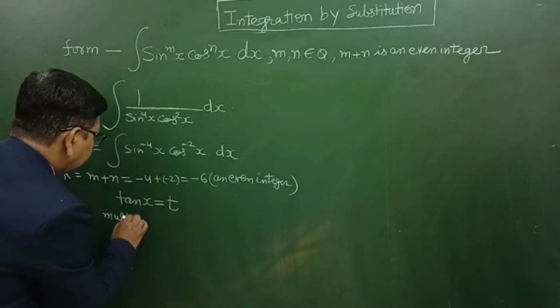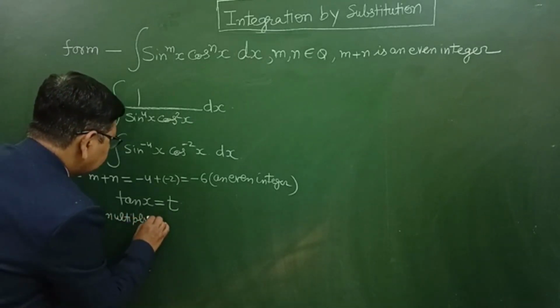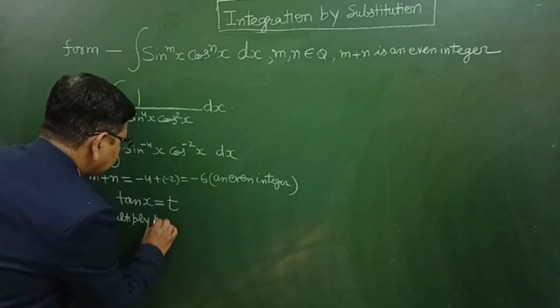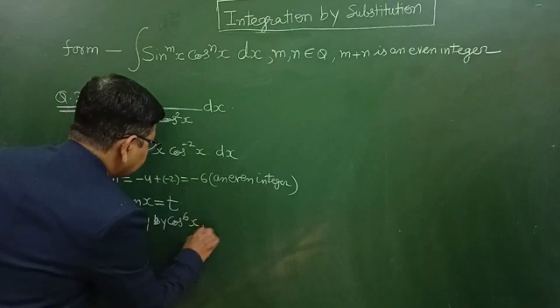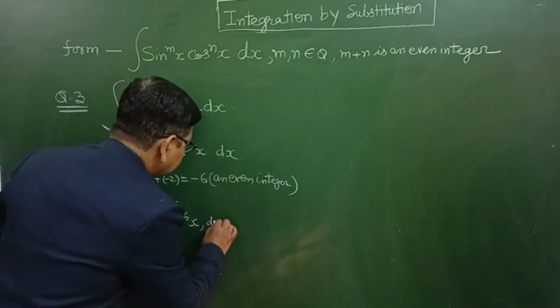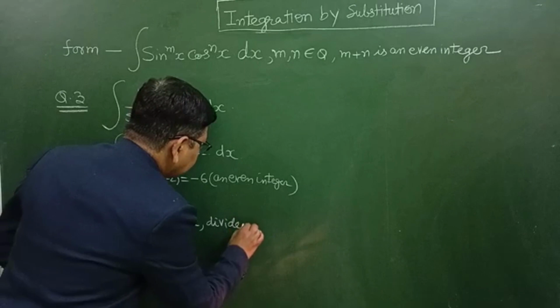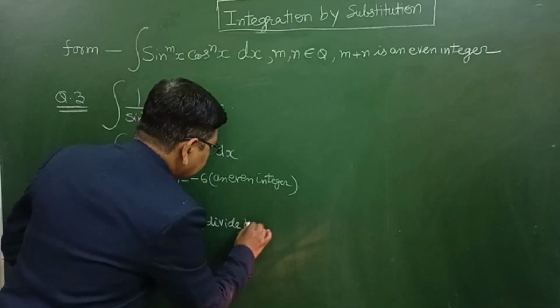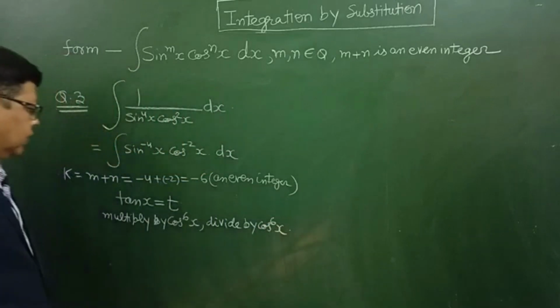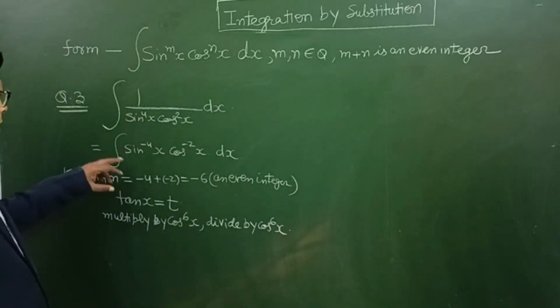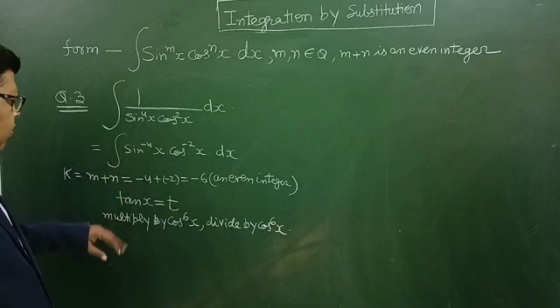Multiply and divide by cos 6x. Means the balance is there, multiply and divide by cos 6x.